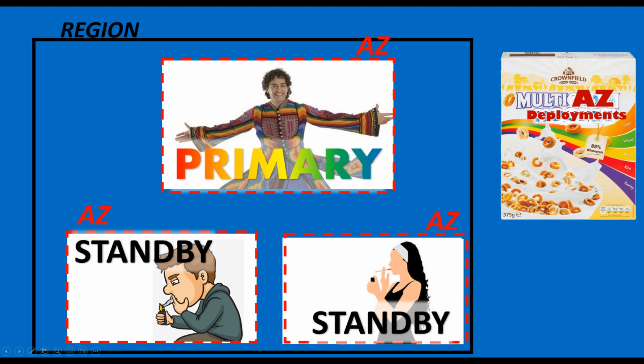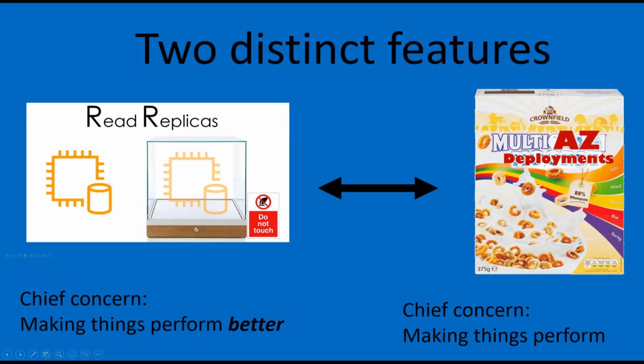For MySQL and MariaDB, you can create a multi-AZ read replica in a different region. Okay, so for those ones we're combining the idea of read replicas, which chiefly helps with performance, with this idea of multi-AZ, which is chiefly for failing over when faults happen.